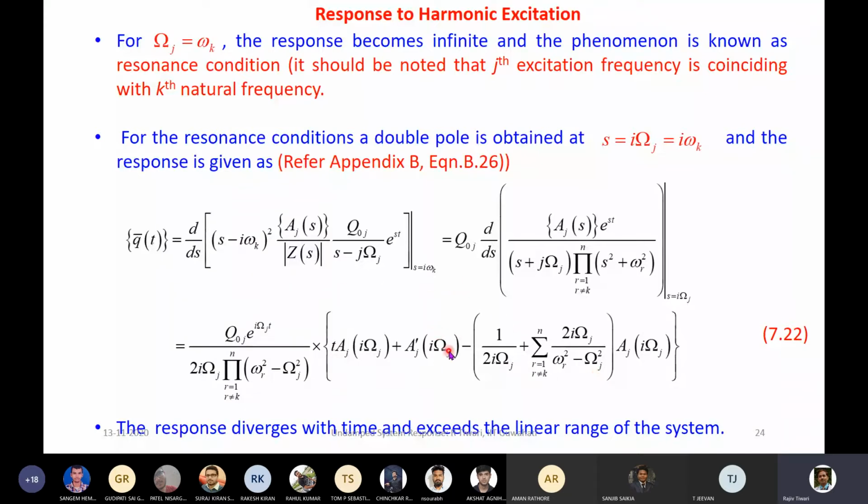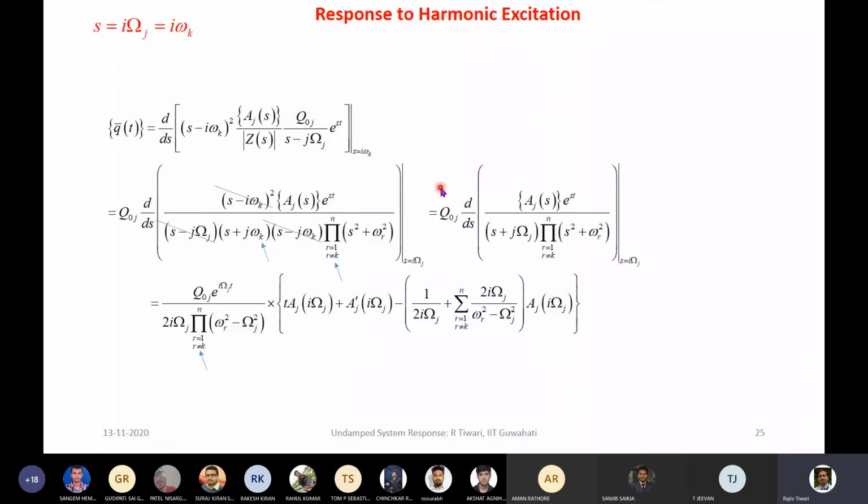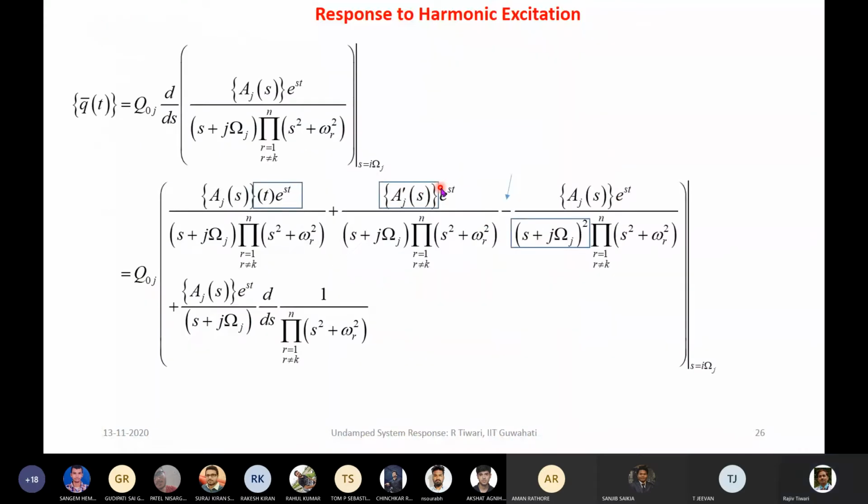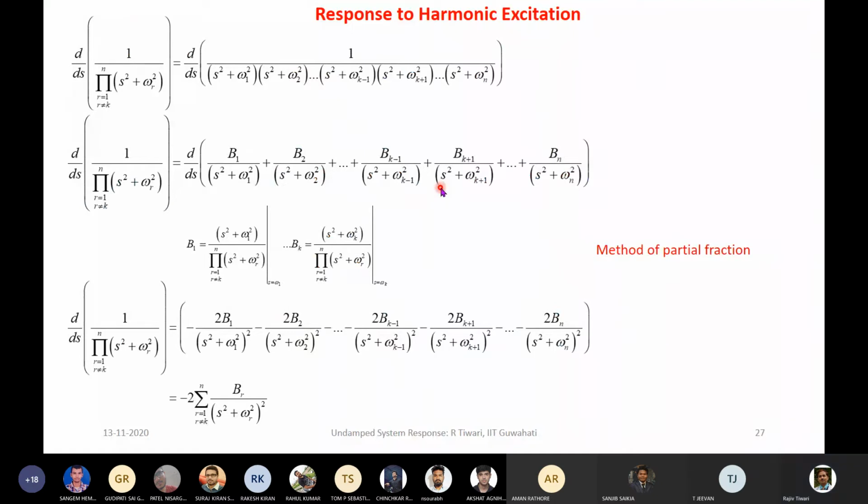How to get this expression, some steps have been given in these two or three slides, but I'm not explaining them here. Maybe you can refer to the appendix in the book for more detail. A few steps I have given here, maybe you can go through them. This is a long expression.